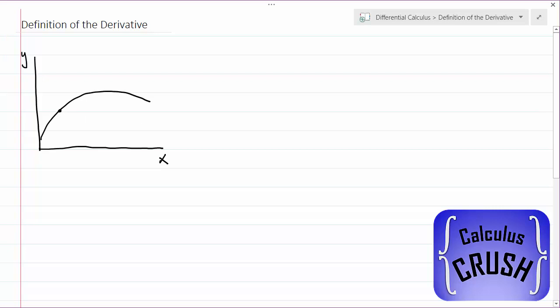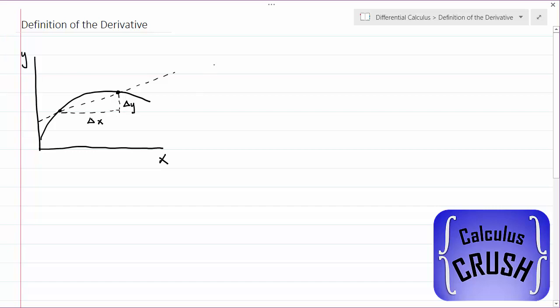And if we put 2 points on this curve, and we draw a straight line through them, connecting the 2 points, we can figure out the slope of this line. Remember, the slope of a line is just the change in y over the change in x, or rise over run.